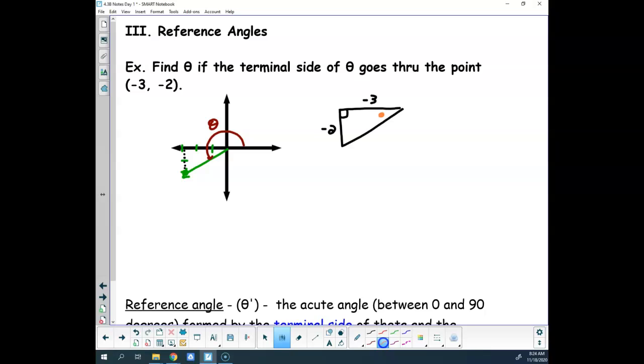How am I going to find that? Tangent, yep. So the tangent of my angle is going to be the opposite side over the adjacent side. I'm finding an angle, so that means I'm going to be using my inverse. And what do we get as the inverse tangent of 2/3?